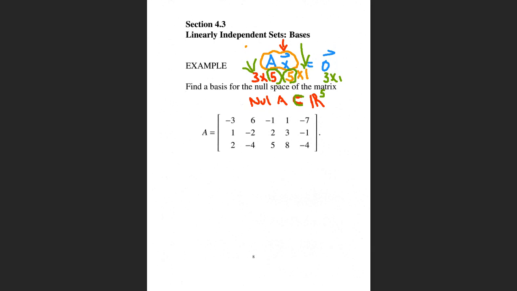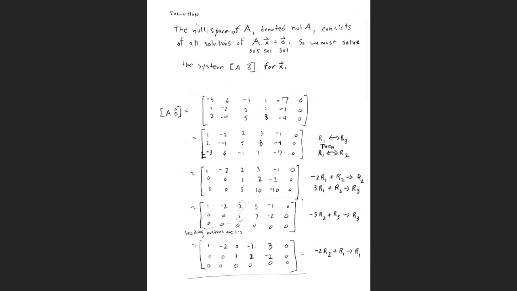So what we want to do is find a basis for this null space. So let's go ahead and do that. Okay, so I don't want you to forget how to do row operations. I'm working it out here with the row operations.